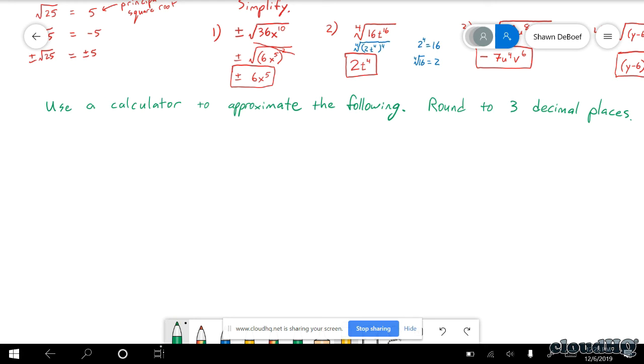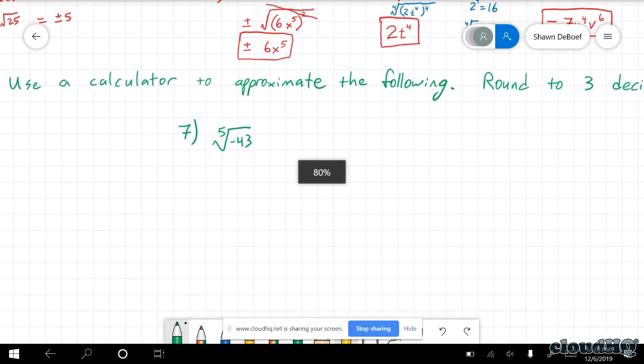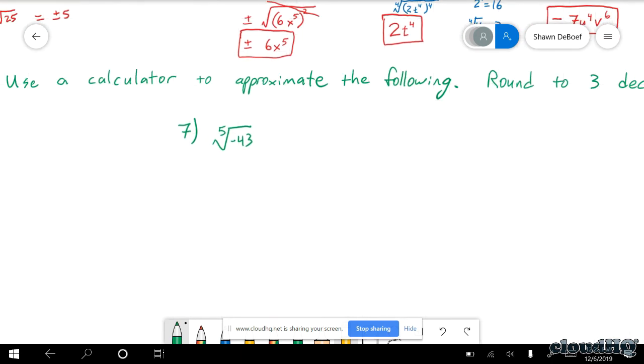So we're going to in a moment try to figure out what the 5th root of negative 43 is. So the way that you're going to do this, if you're using a graphing calculator, if you click on the math button, and it's a button on the left side, it's right below your second and then alpha buttons.